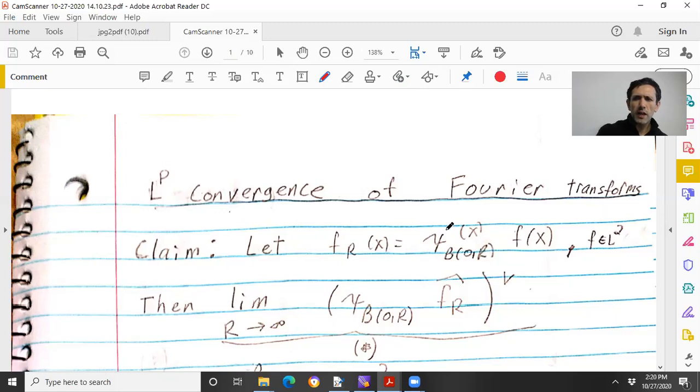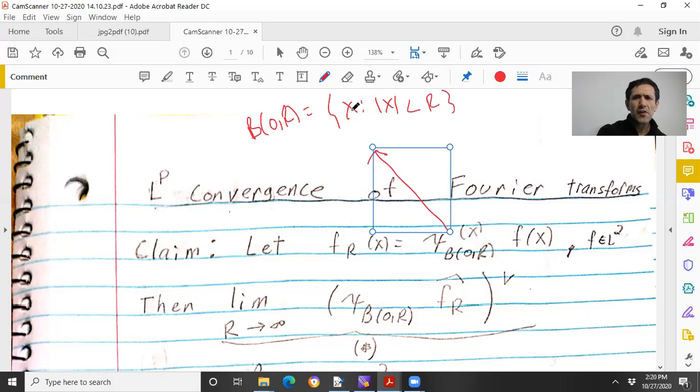So this characteristic function here, well, this is just the usual Euclidean ball centered at 0, radius r. So it's just all x in R^d, where the absolute value or norm of x is less than r. Okay.